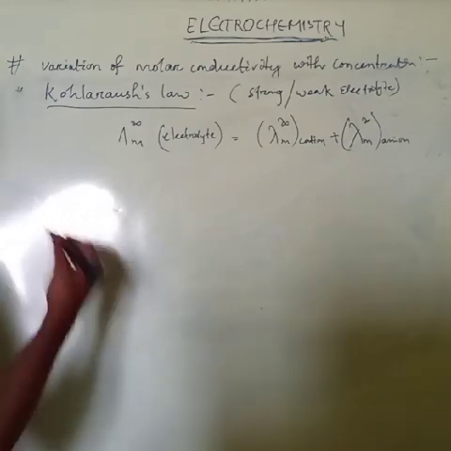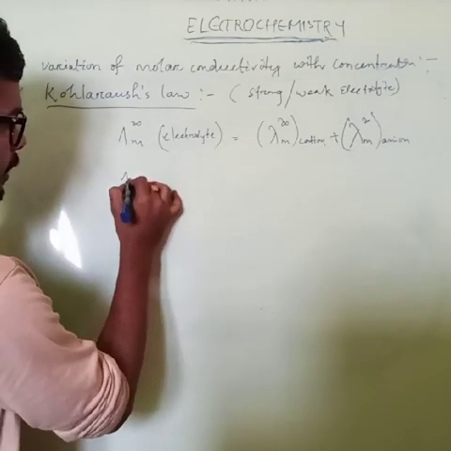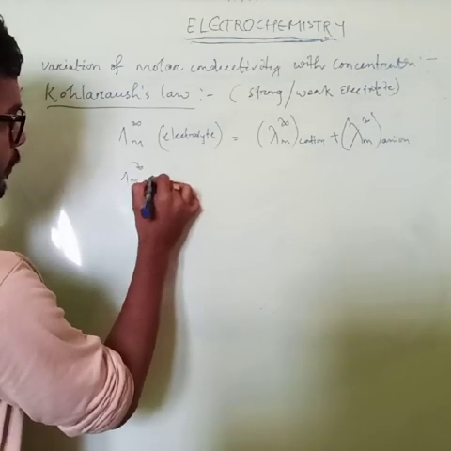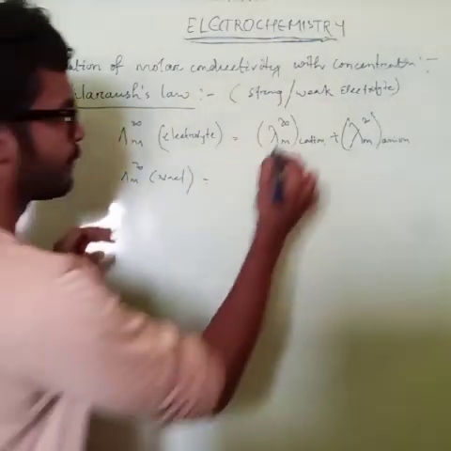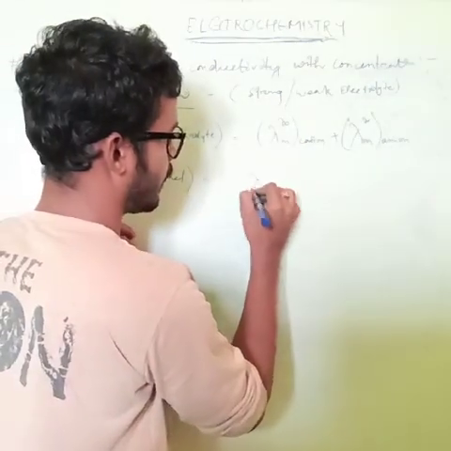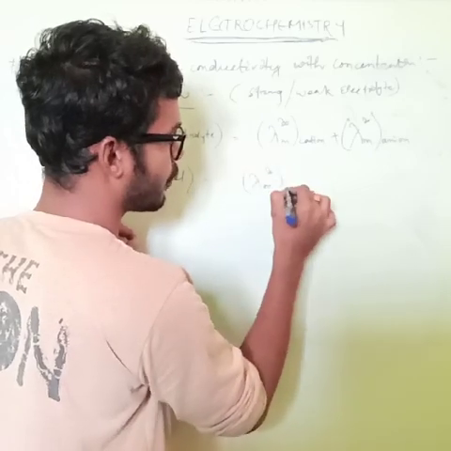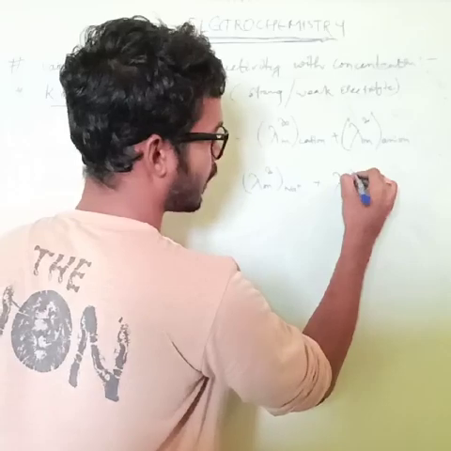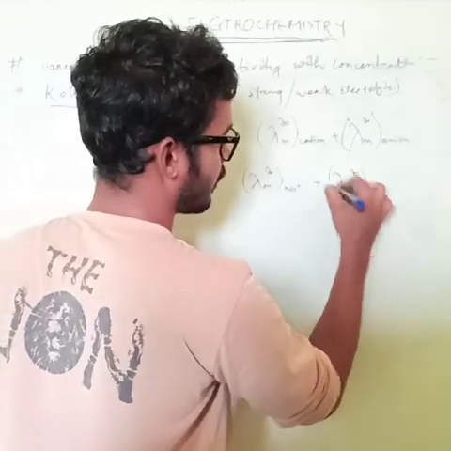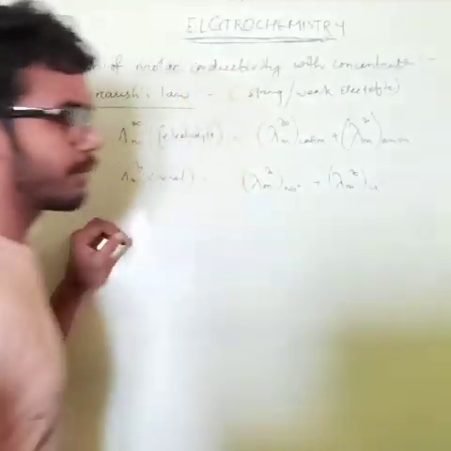That means, suppose NaCl is given. For NaCl, lambda m infinite equals lambda m infinite of the Na plus ion plus lambda m infinite of the Cl minus ion.